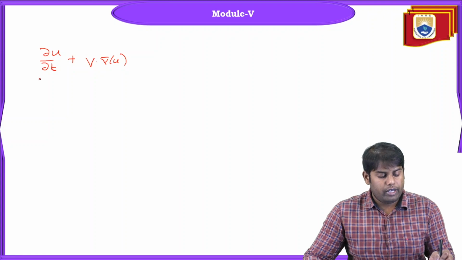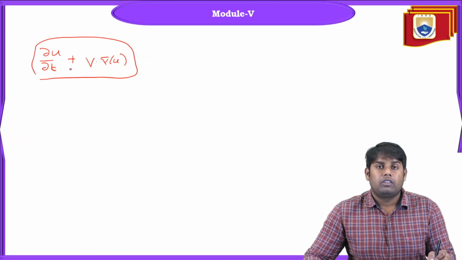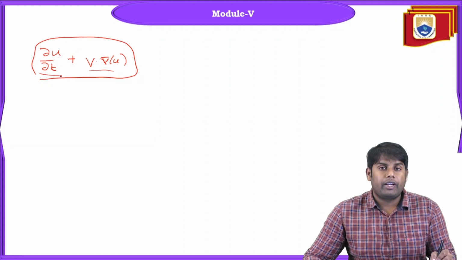Here the first term is called the local derivative, and the second term is called the convective derivative. Or the first term you can take as local acceleration, and the second term as convection acceleration.